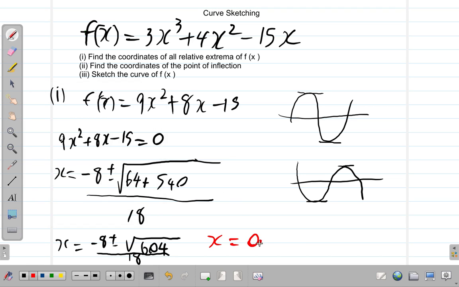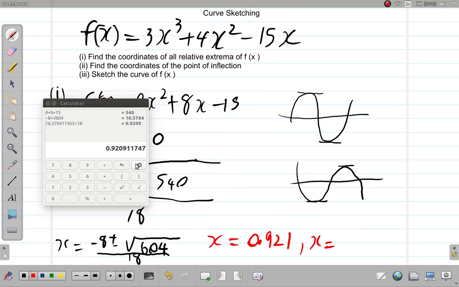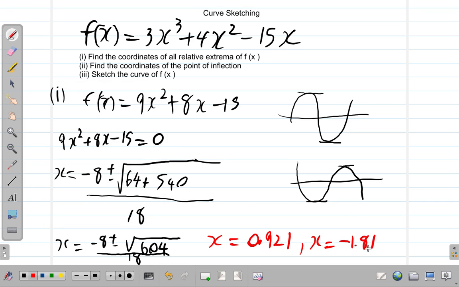So x is 0.921, and x is also going to be negative 8 minus the square root of 604, divided by 18, which will give you negative 1.81.